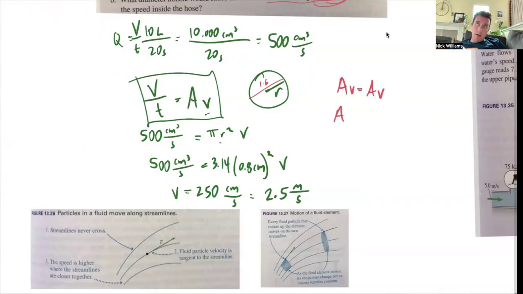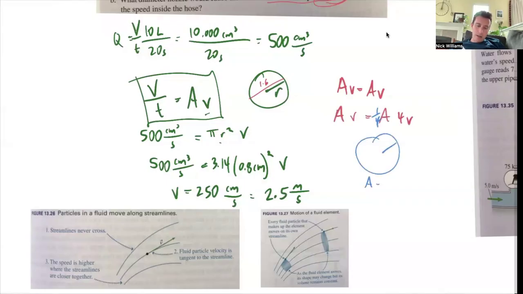So area times velocity equals the unknown area times 4v. If I'm going to make that 4v, this had better be 1/4 of the area. So I'm trying to go down to 1/4 of the area.